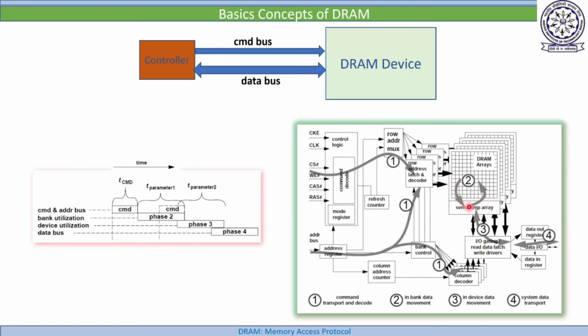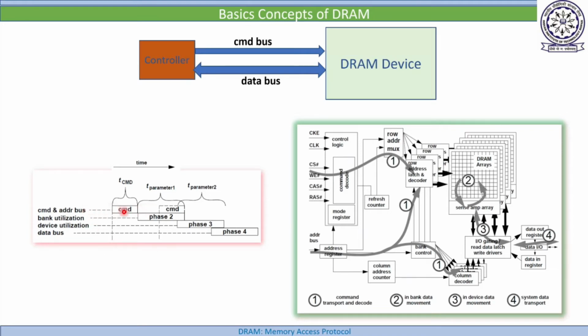So bank utilization is still there, and from the sense amplifier data will come to this input output device. Now it is called device utilization. And in the next phase, data will come out from this bus, and this phase is also using the data bus.